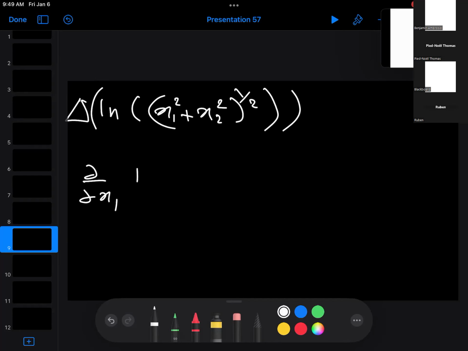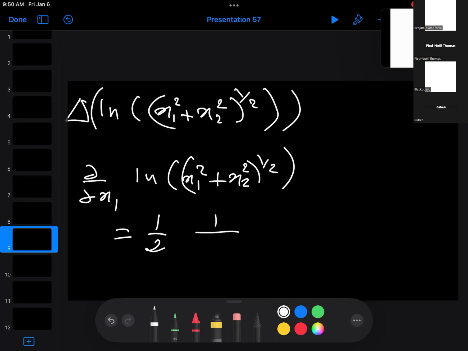I derive the logarithm, so it's 1 divided by the norm, I put this one in front.